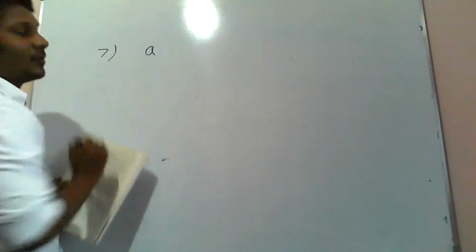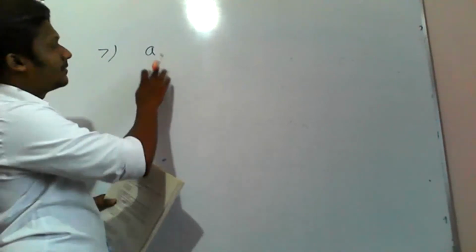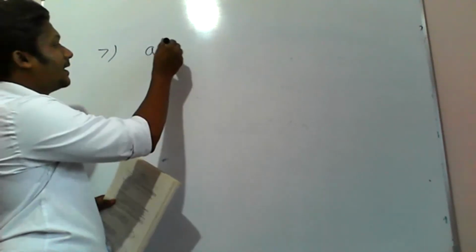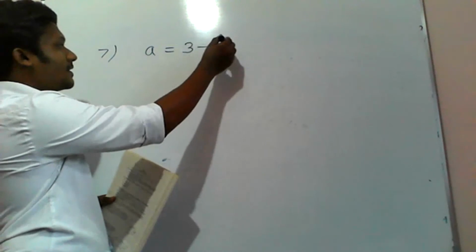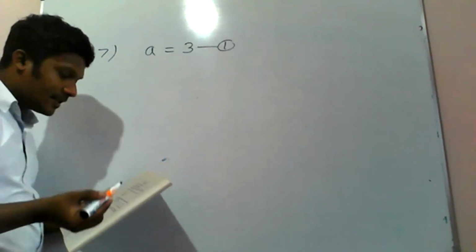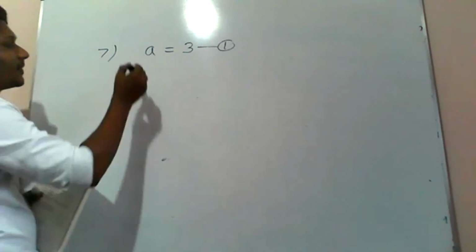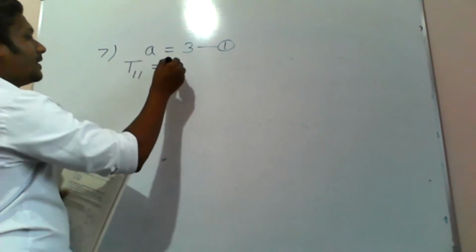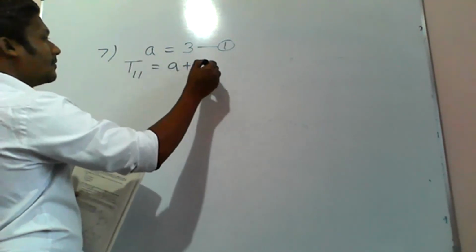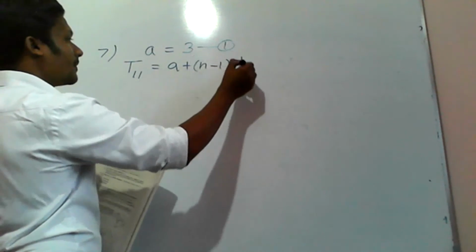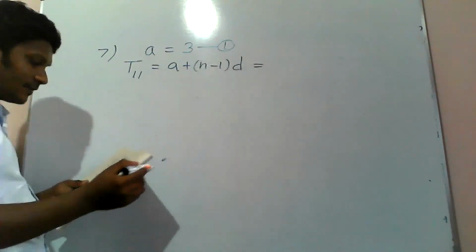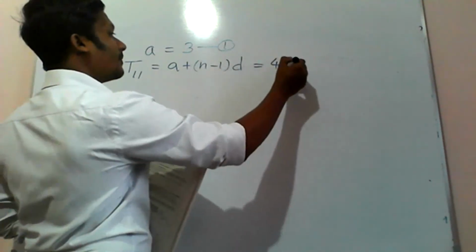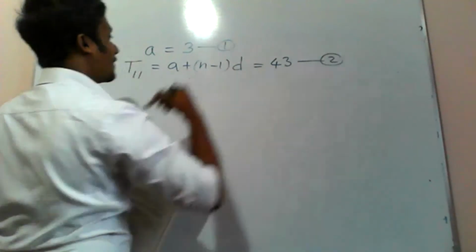First term, we know the notation for the first term is a. a equals 3. This is the first equation. And the 11th term is 43. The 11th term is T11. T11 is a plus (n minus 1)d. T11 equals 43. This is the second equation.